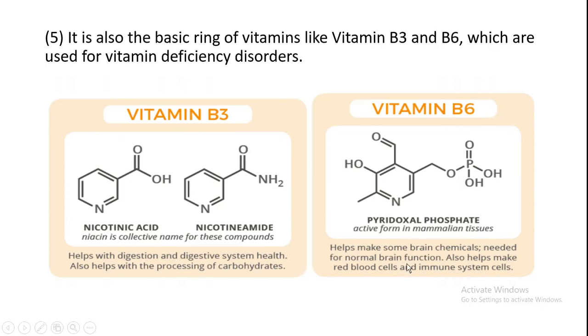So as a nutrient or as a vitamin supplement, these are used for maintaining our health. You have to remember, it is also the basic moiety of some vitamins like B3 and B6. You just see, this is the pyridine structure, this is also the pyridine structure.